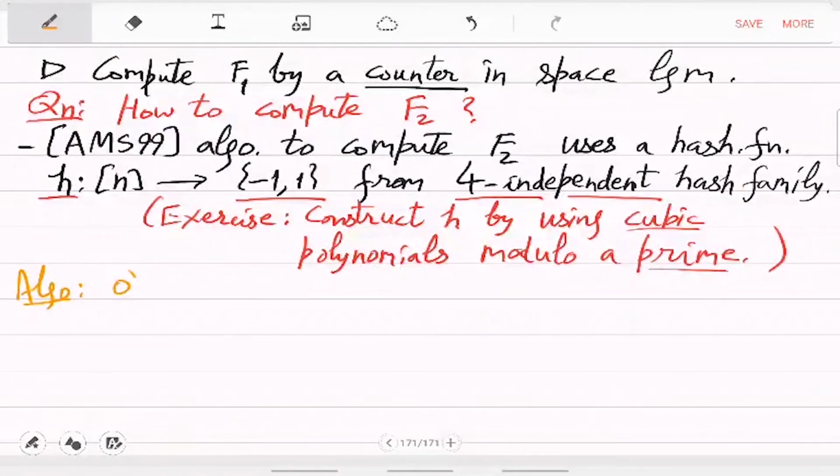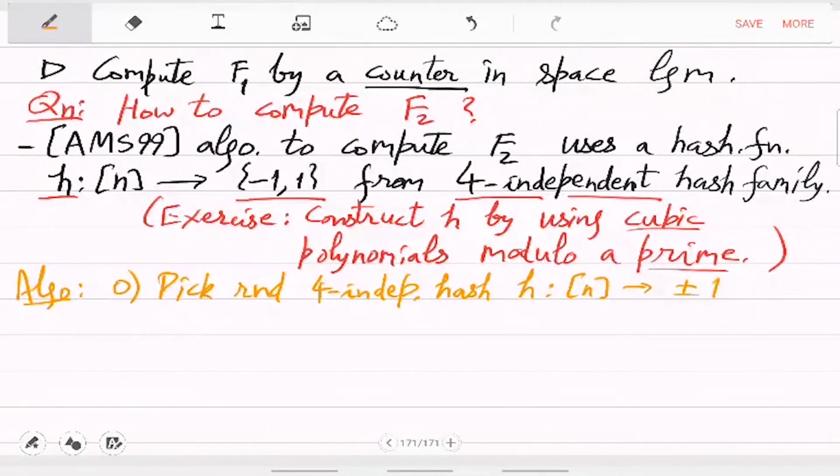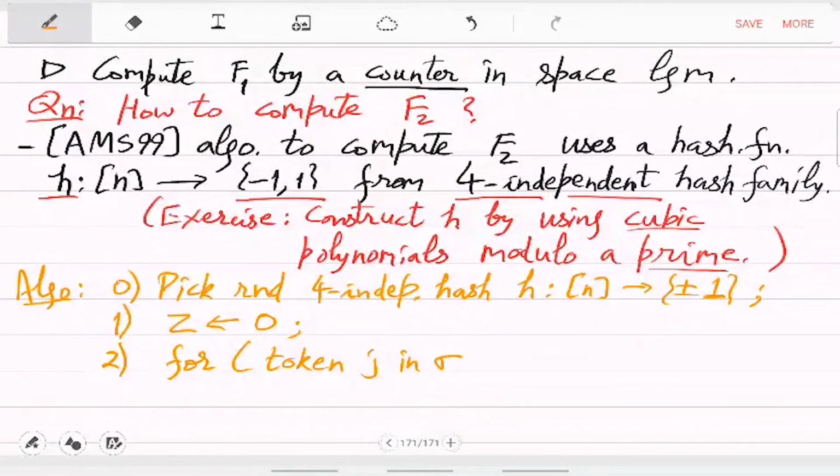So, first pick a random 4-independent hash h, compactly stored, initialize z to 0, for token j in the stream.